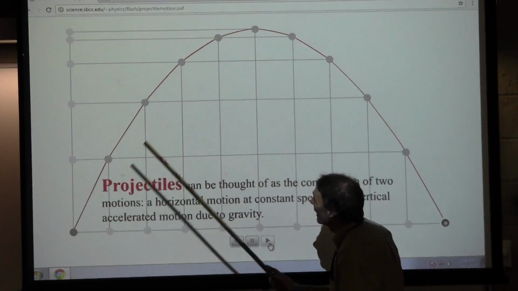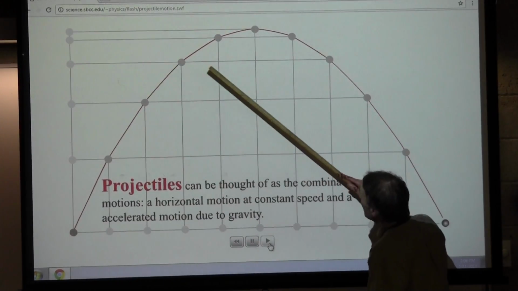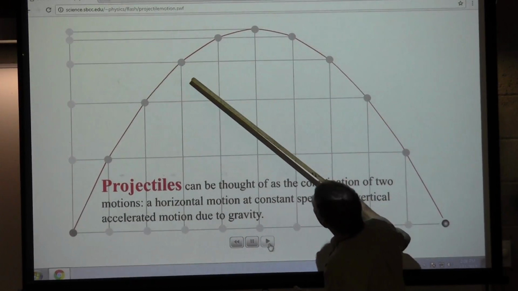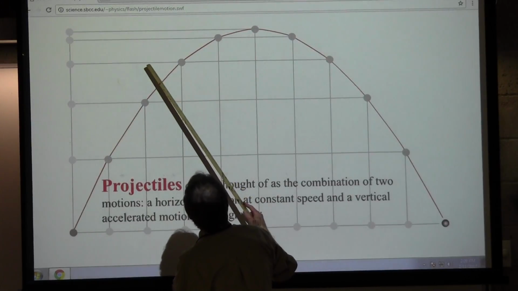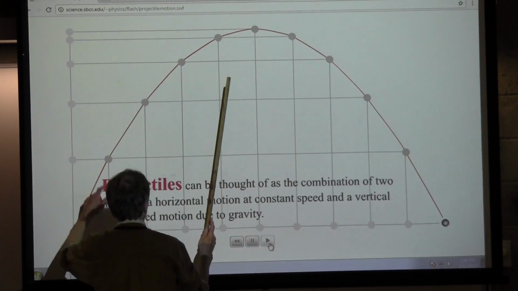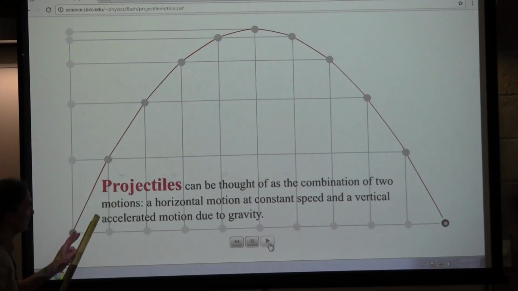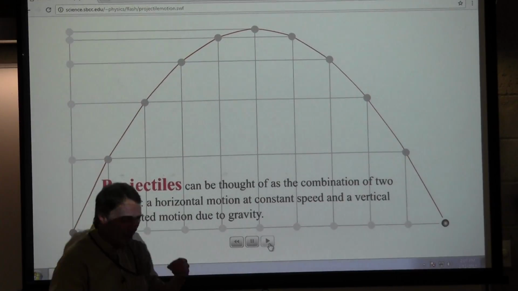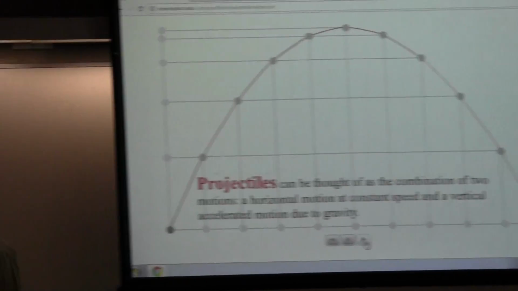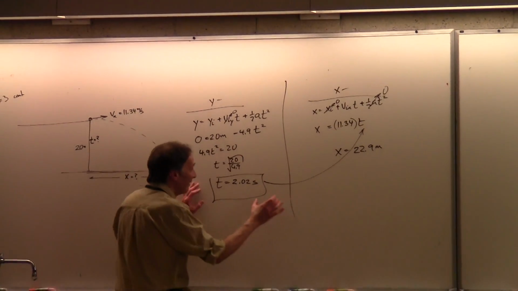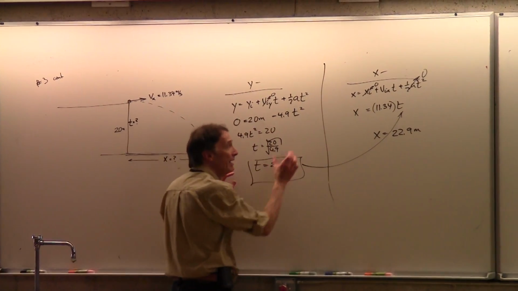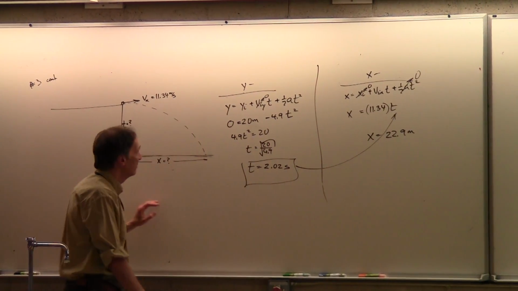The time that this is here is the time that this is here. We always want to tie between back and forth. We took the time from the y motion and took it into the x motion.